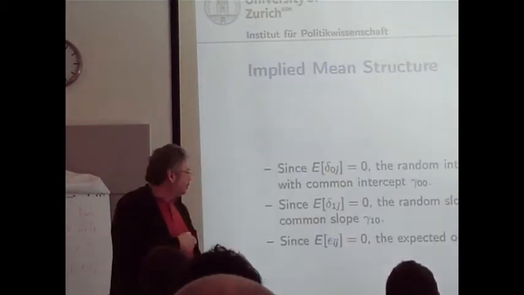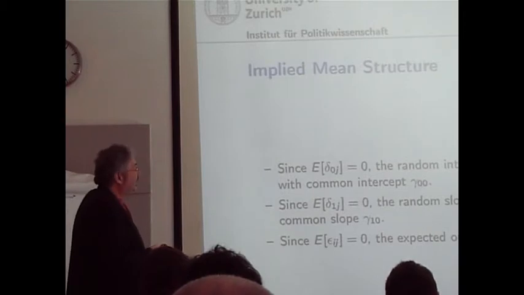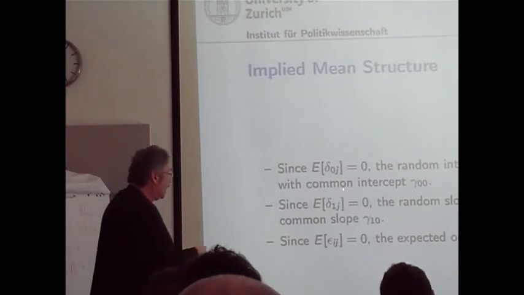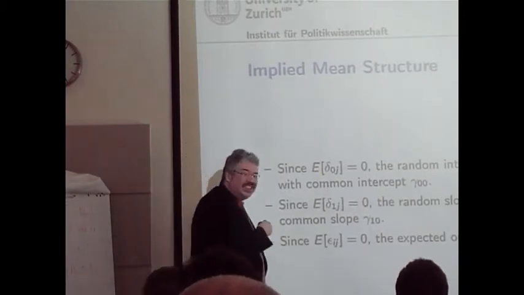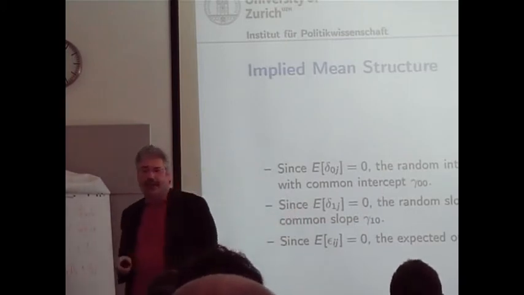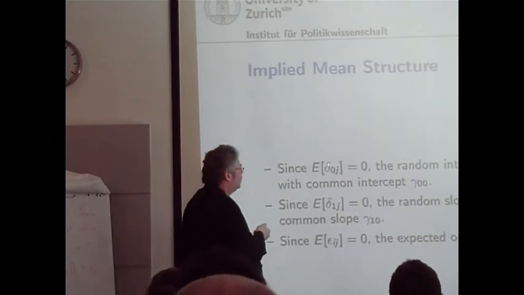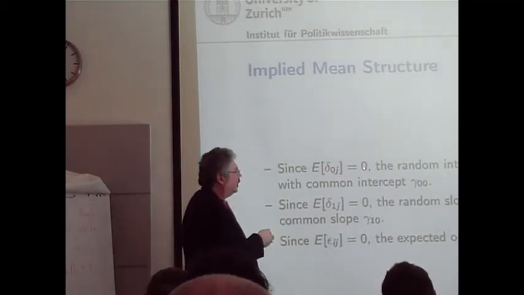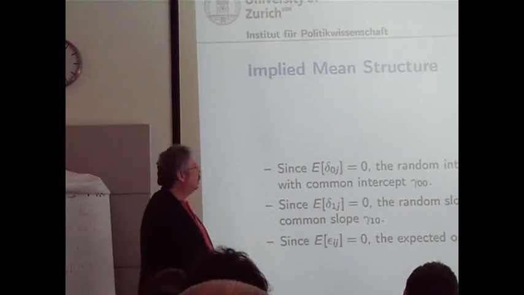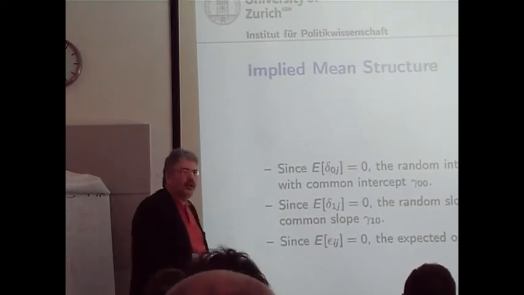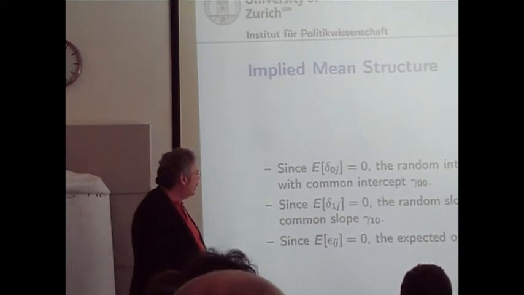And what it essentially tells us again, since we have exactly the same assumptions in the random effects ANOVA, is that the expectation of delta 0j is 0, so the random intercepts are drawn from a distribution with common intercept gamma 0,0.